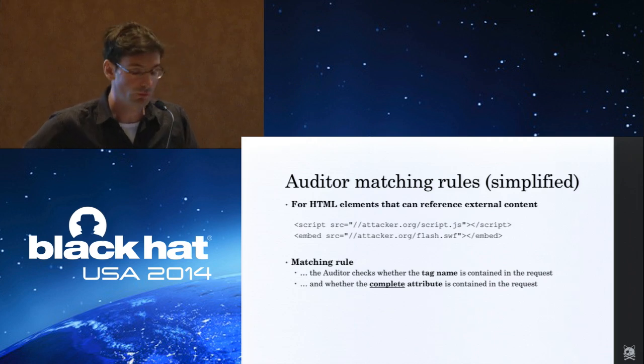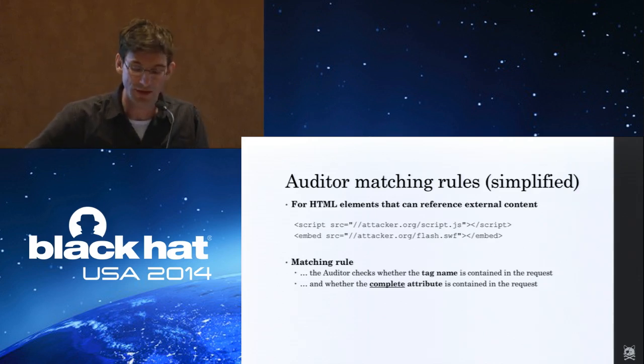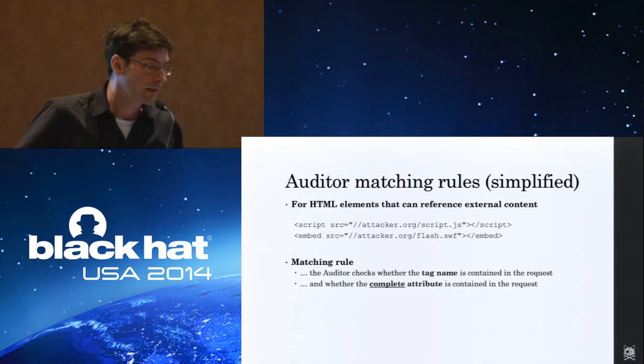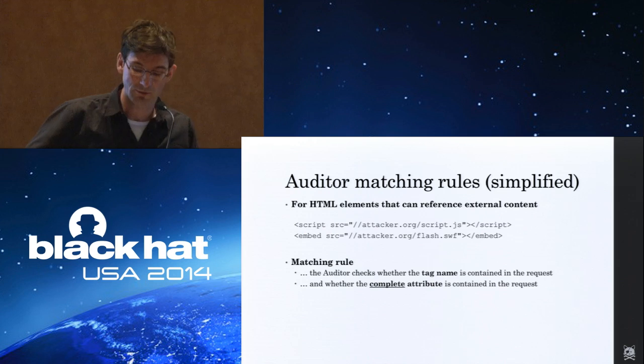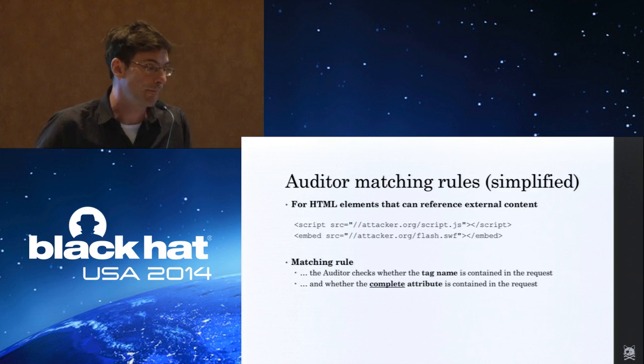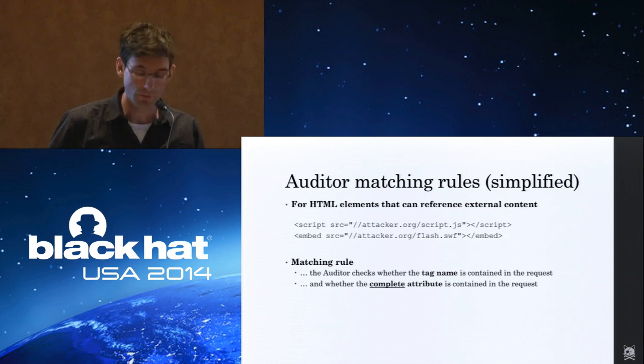The third matching rule is for HTML elements that can load active content over the network, something like script tags with a source attribute, which then creates an HTTP request that gets the JavaScript from a remote server. Or the same is for embed, object, applet, all the tags that load plugin data from other servers.